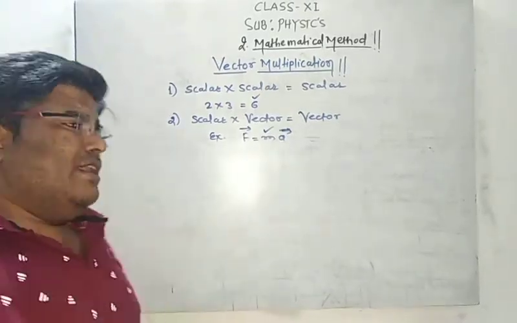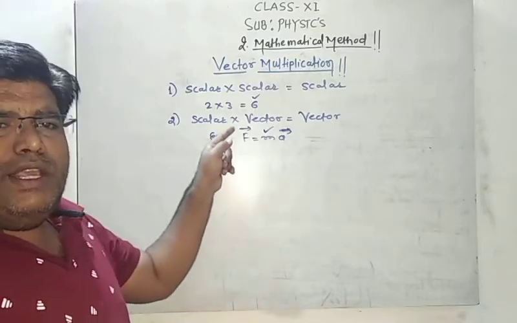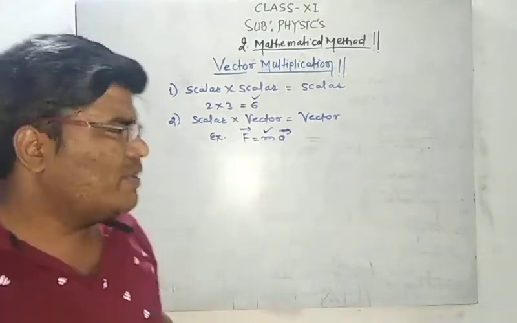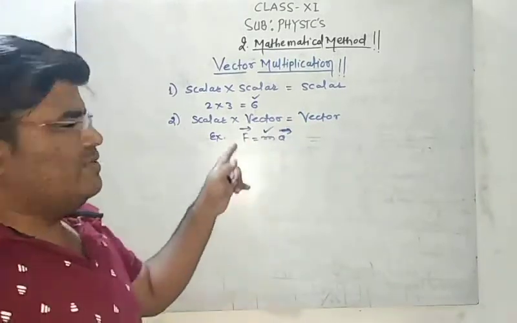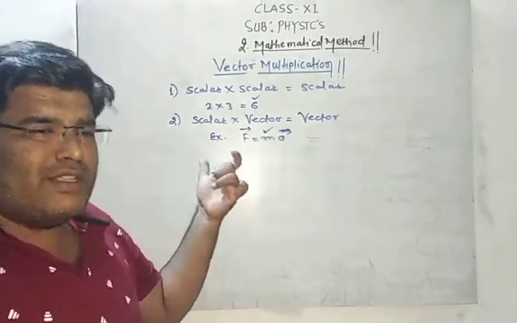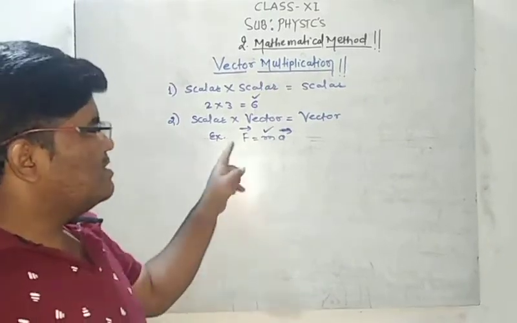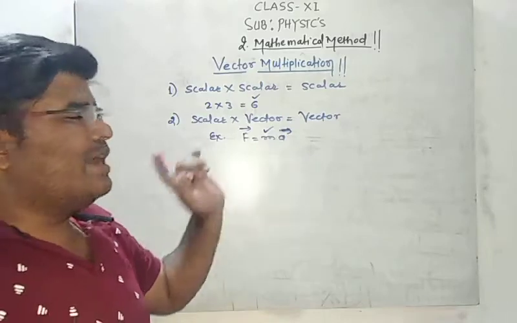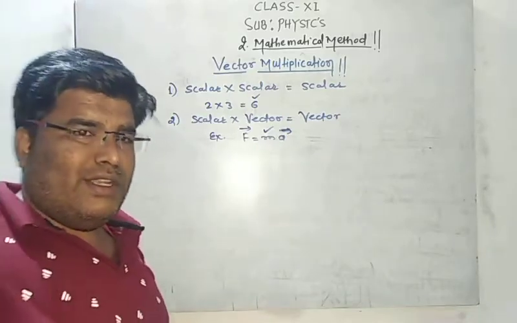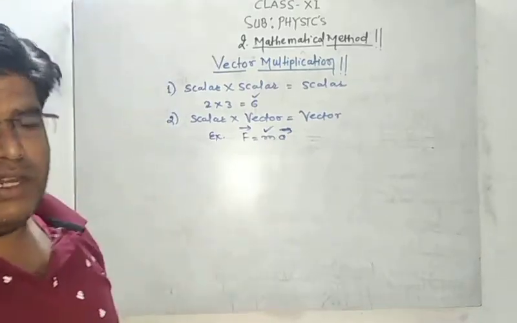Similarly, if a scalar quantity is multiplied with a vector quantity, then we get a vector quantity, and the example of this is force, that is F equals mass into acceleration. F is a vector quantity, mass is a scalar quantity, and acceleration is a vector quantity.